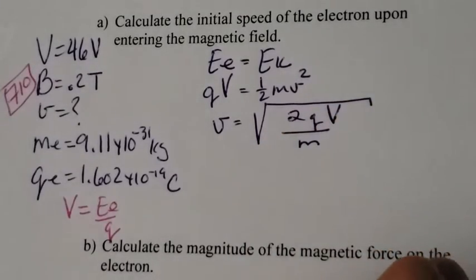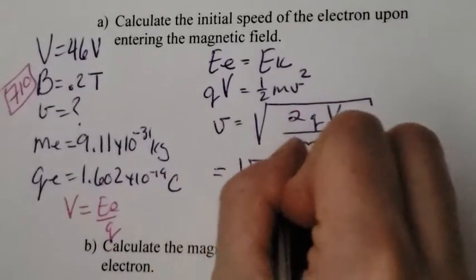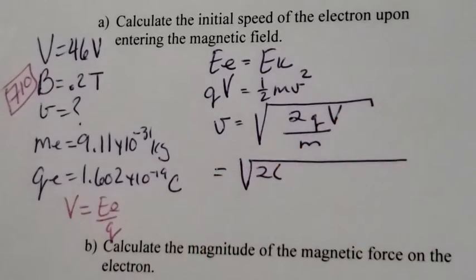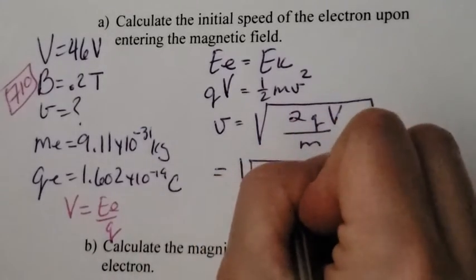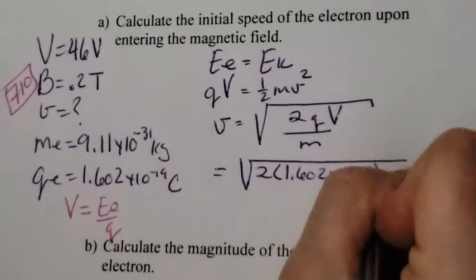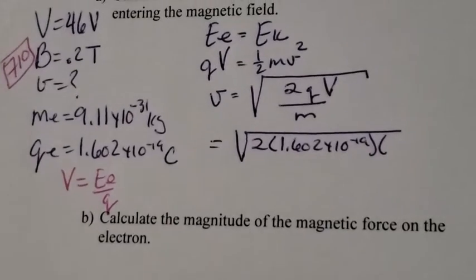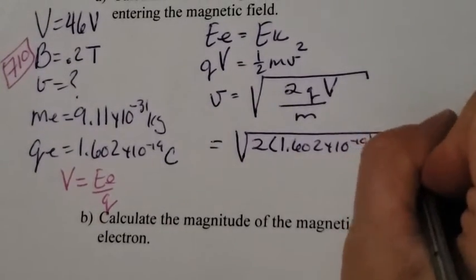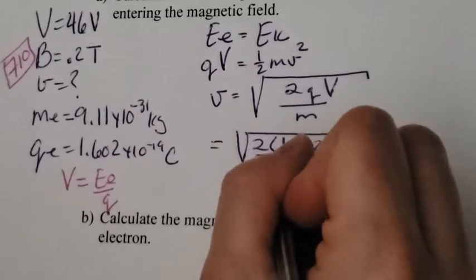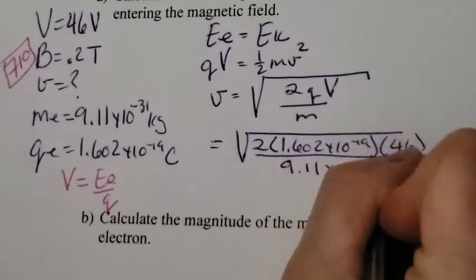Now what I want to do is just plug in everything I know. It's going to be a big square root. So 2 times the charge on an electron, which is 1.602 times 10 negative 19, times the voltage, which I know is 46, all divided by the mass of an electron, which is 9.11 times 10 to the negative 31.